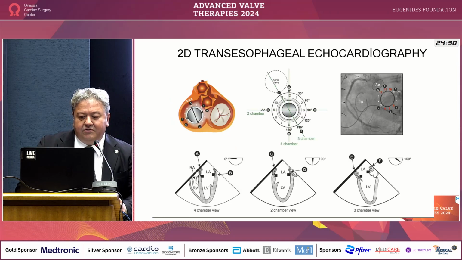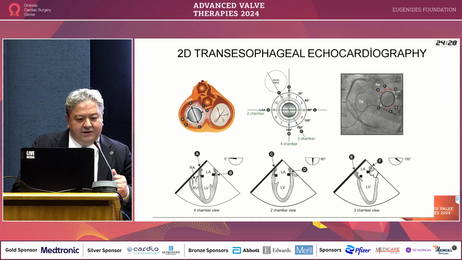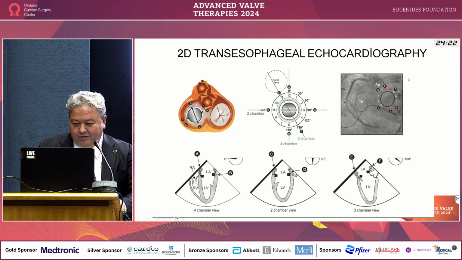2D transesophageal echocardiography is still important because you can see the color Doppler, and these points are labeled A, B, C, D, E. For example, D is the left atrial appendage. You can easily see the two-chamber view on 2D echocardiography where the leak is localized at the left atrial appendage region.